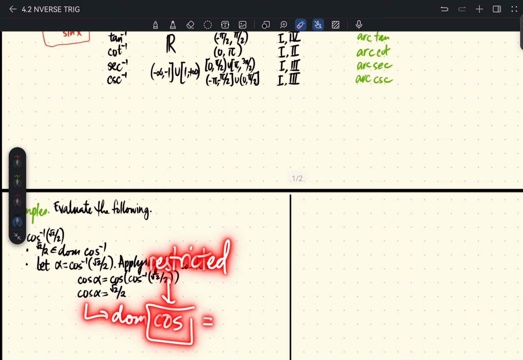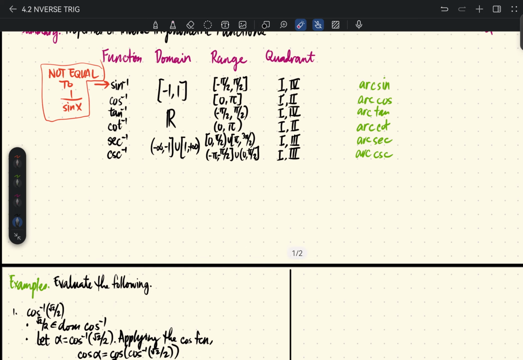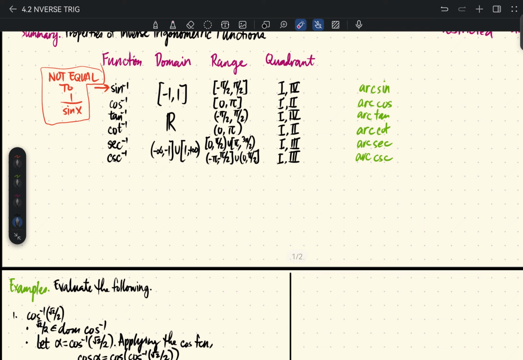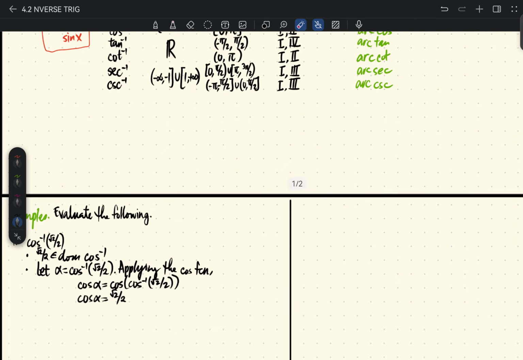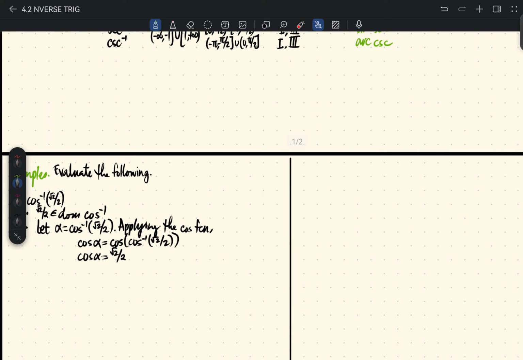And the domain of your cosine here should be the range of your cosine inverse. So basically, we have to make sure that we are choosing an alpha value inside the range, which is 0 to pi. So we are choosing alpha in the range of cosine inverse, which is equal to 0 to pi.